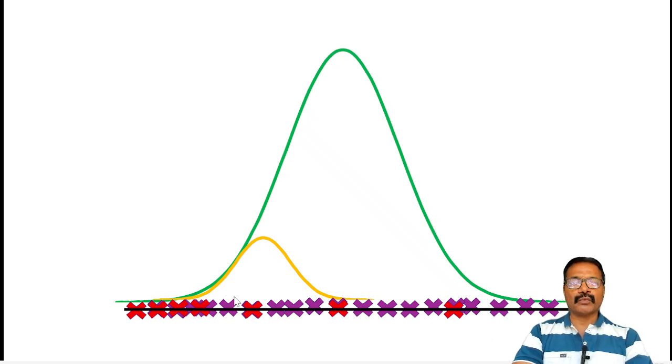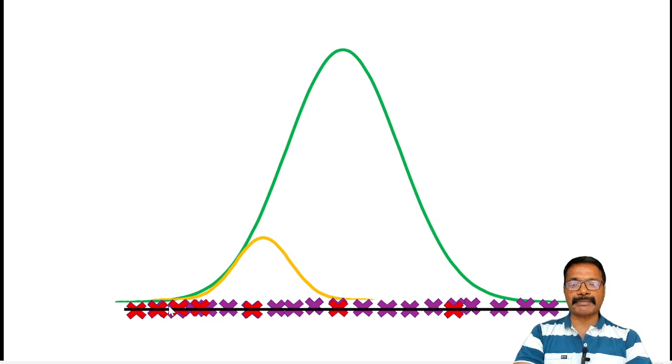But practically we don't know from where we are taking the sample. So most of the samples are taken from the left or the right, at a particular skewed point. What I mean to say is, if I take the sample from this area, red crosses are shown.